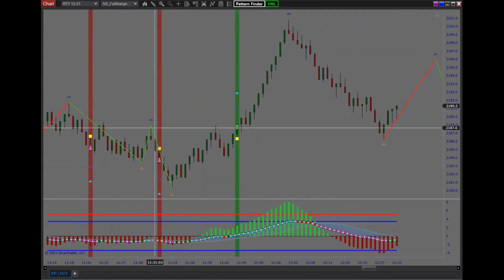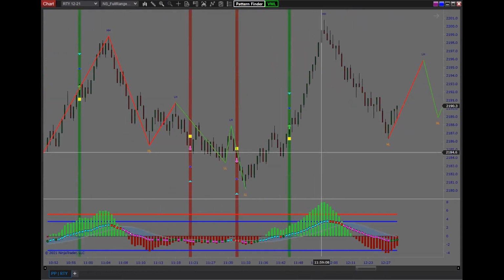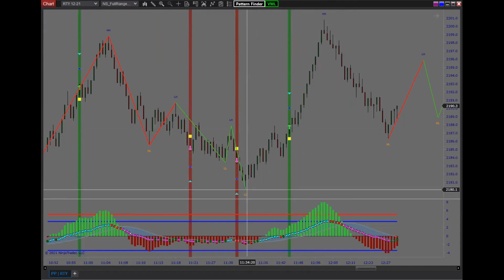Yep. This one, lower low to higher high. Again, it's more aggressive. This one here, though, is at the low of day, so you've got a better chance at this trade, even though it is a higher high break, lower low to higher high. It's more risky, yes.